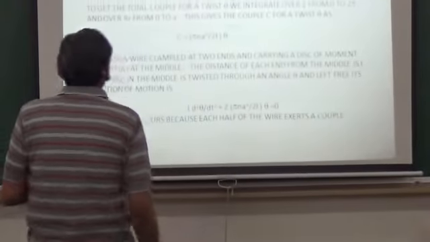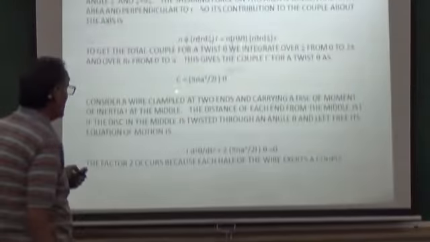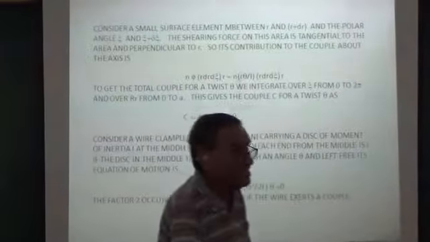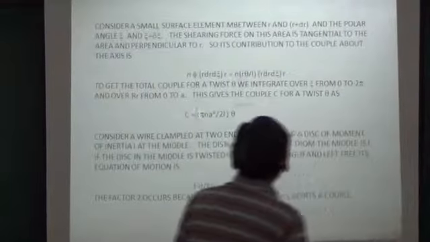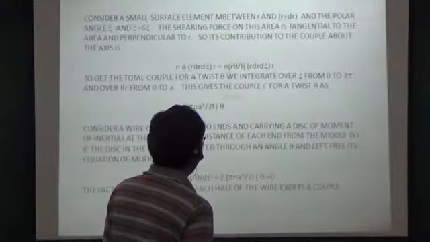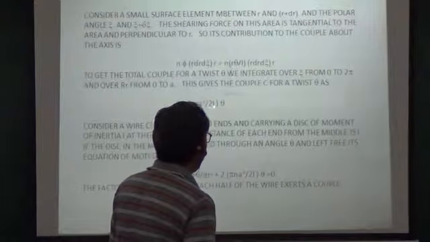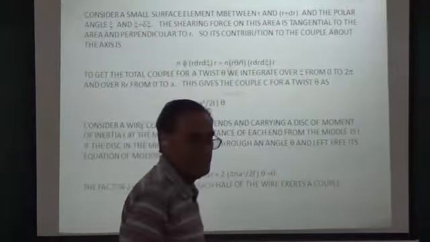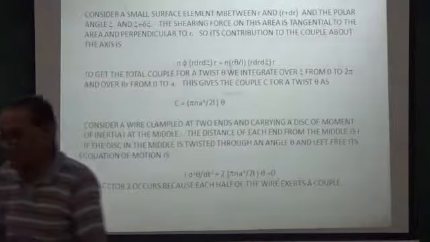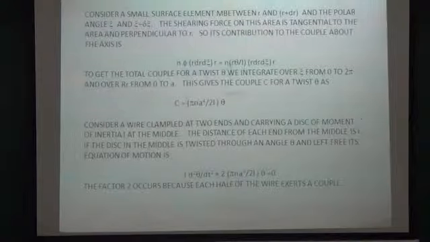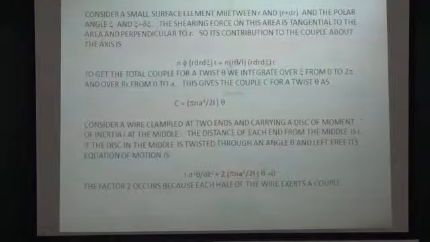So if you put all that, then the total couple I must apply to twist this through an angle theta is pi n a to the power of 4 by 2L into theta. So this is the couple I must apply to twist the wire at this end through an angle theta.